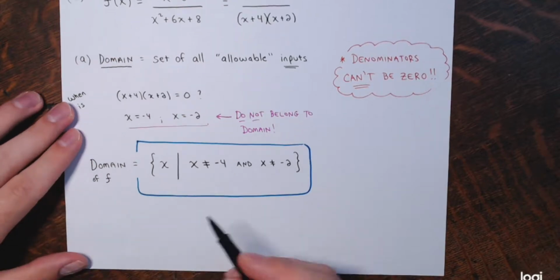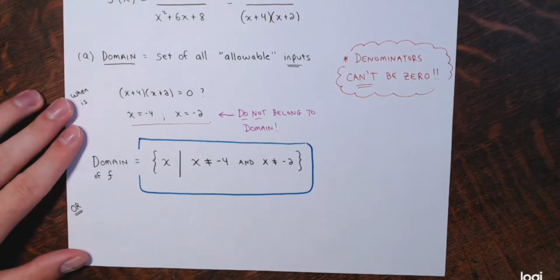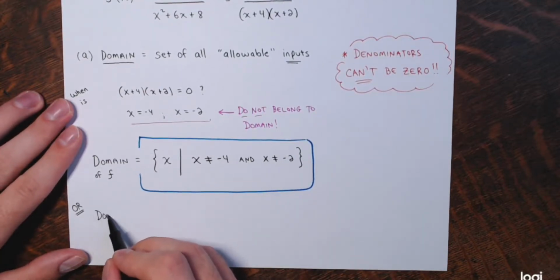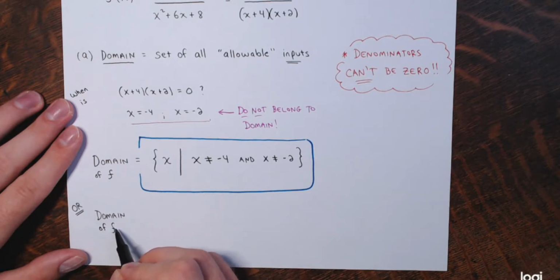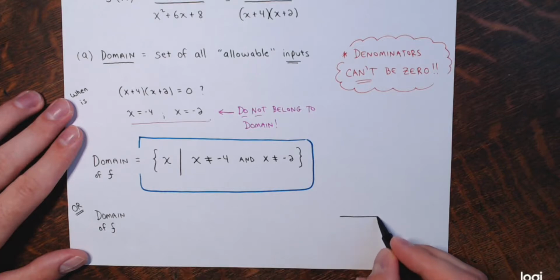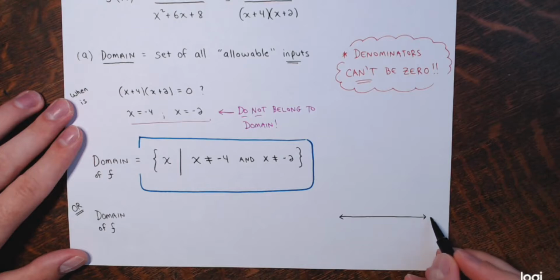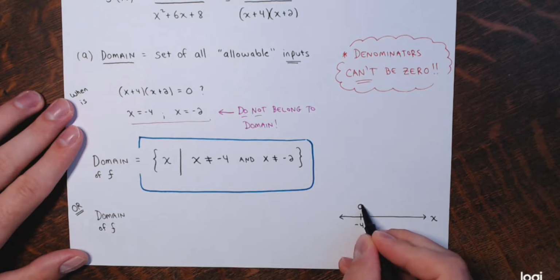Now, an alternate way would be with interval notation, the domain of f. If you think of a number line, you don't have to, but if I were to think of a number line with the possible values of my variable x, what we just said is that x can't be -4, so I'll put a big hole above that.